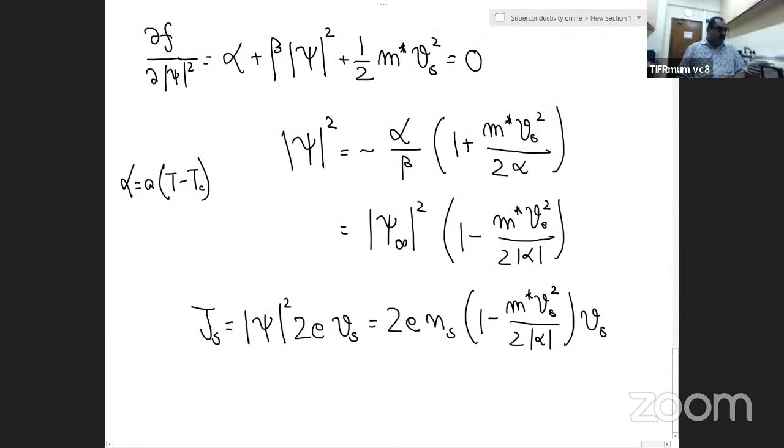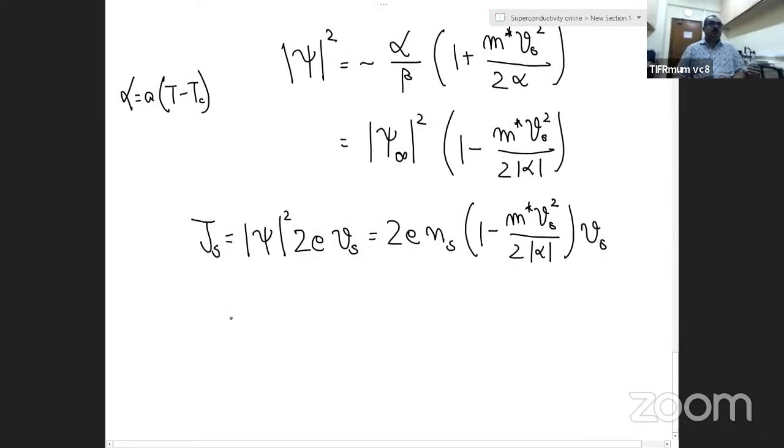Now you can immediately see that this function is a multi-valued function. So if I plot Js as a function of Vs, what is going to happen at low Vs?